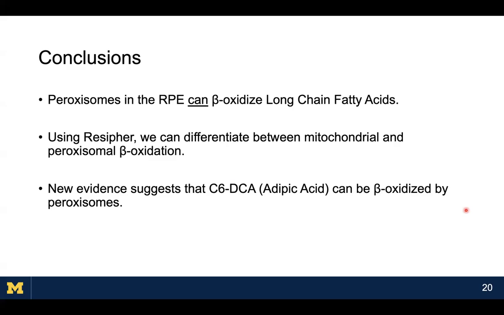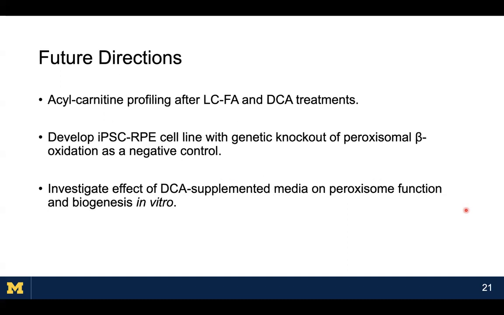And our new evidence suggests that maybe adipic acid can be beta oxidized in peroxisomes, at least in the RPE. In the future, we'll be definitely doing more acylcarnitine profiling and other tagged fatty acid trace studies using long chain fatty acids and dicarboxylic acids.